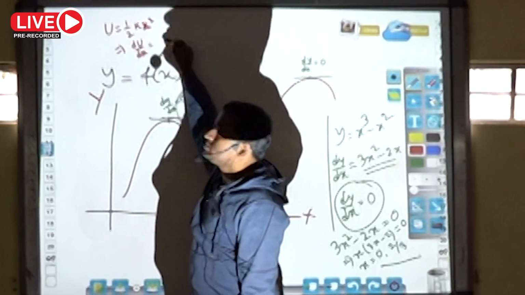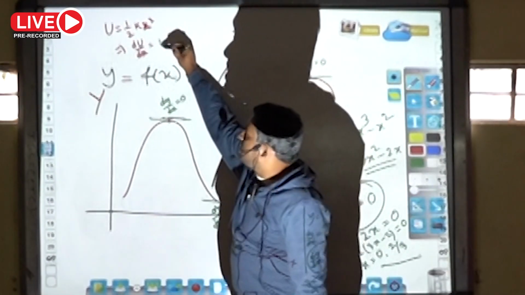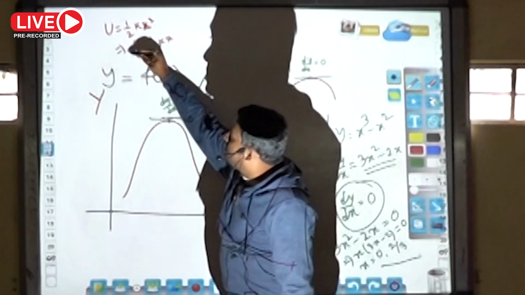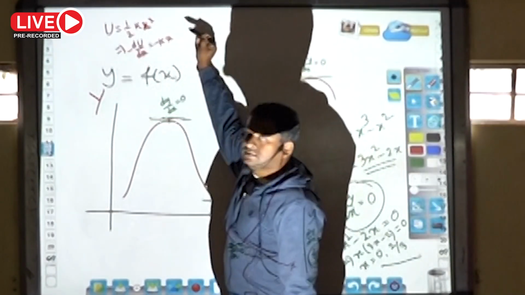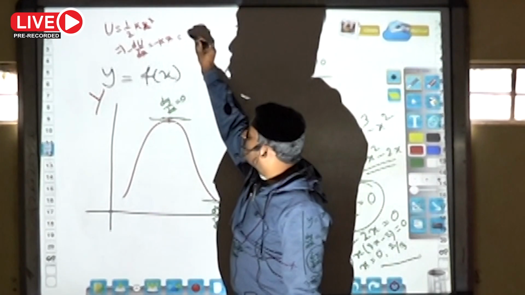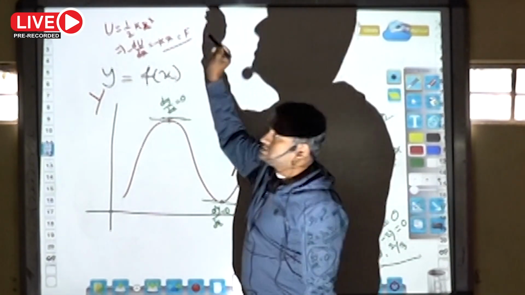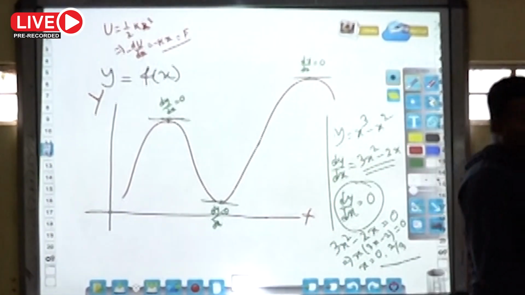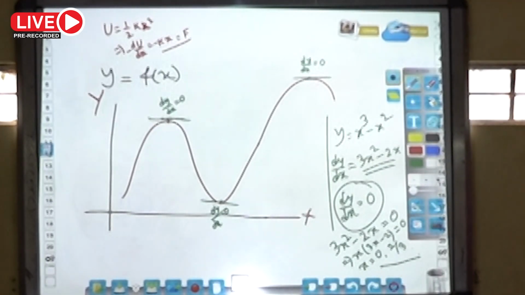It comes out what? Kx. Now take the negative of this, means Hooke's law, F. This is the force. For a spring force, Hooke's law, F equal to minus kx. So the negative derivative of potential energy means force.